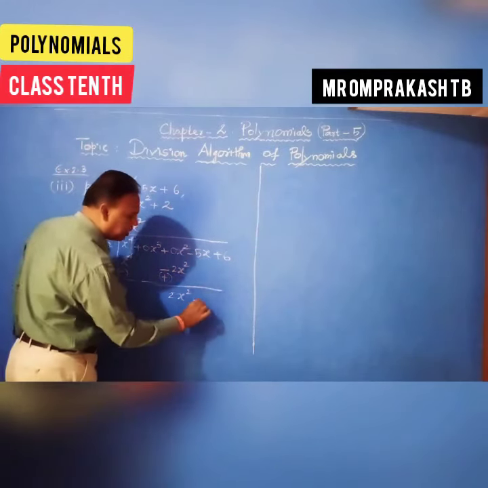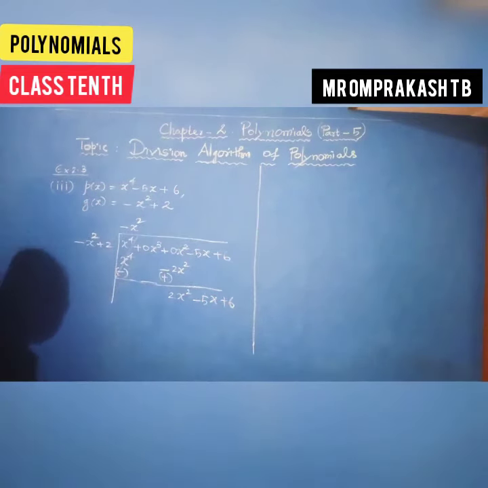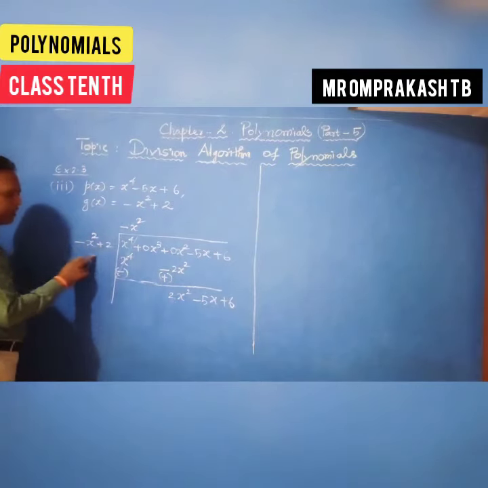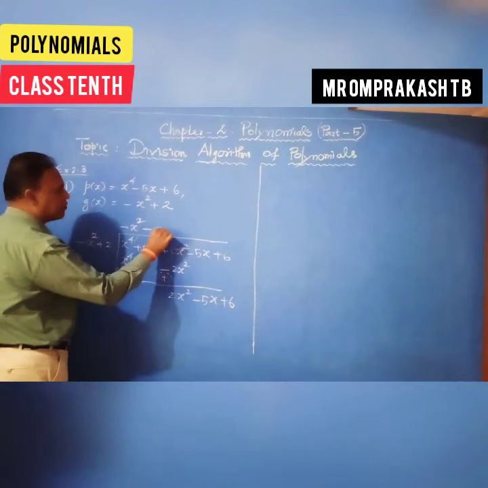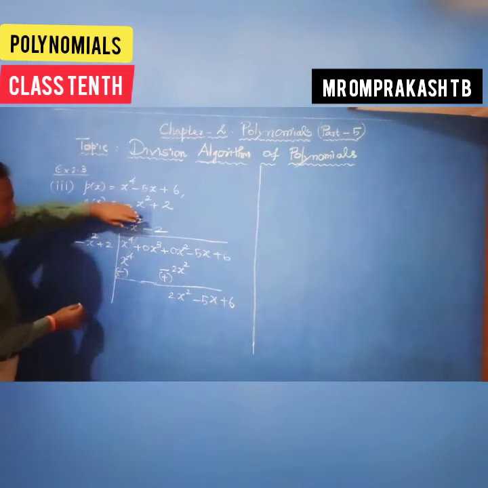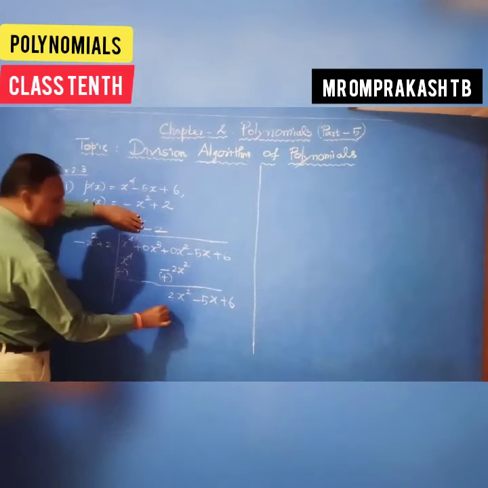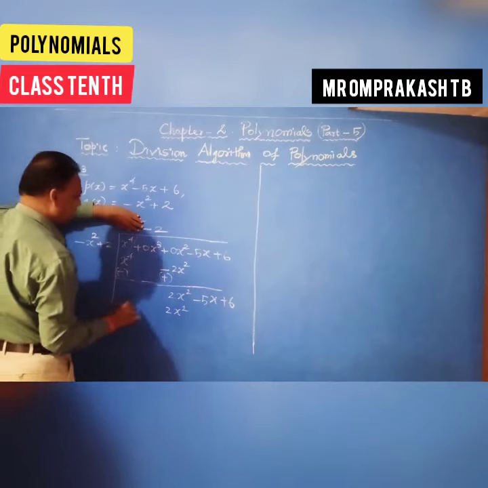Now bring down here minus 5x plus 6. Again take this first term and here first term, divide. What you will get? X squared gets cancelled. So minus 2, you will get minus 2. Ignore this and take this minus 2 and multiply. Minus 2 into plus 2x squared, minus into plus, minus 4.